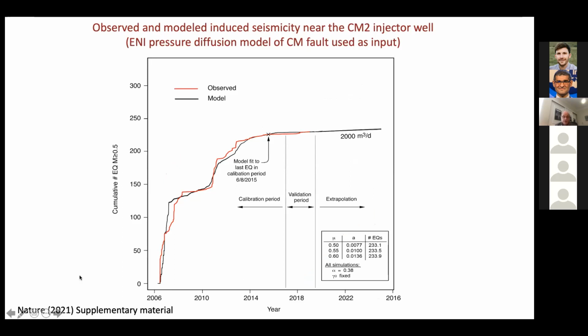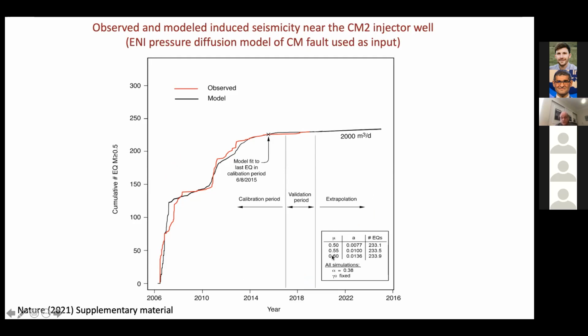So here's the bottom line. The red is the observed seismicity near Cosmolina, and the black is our model fit to that seismicity. It's not a unique fit.